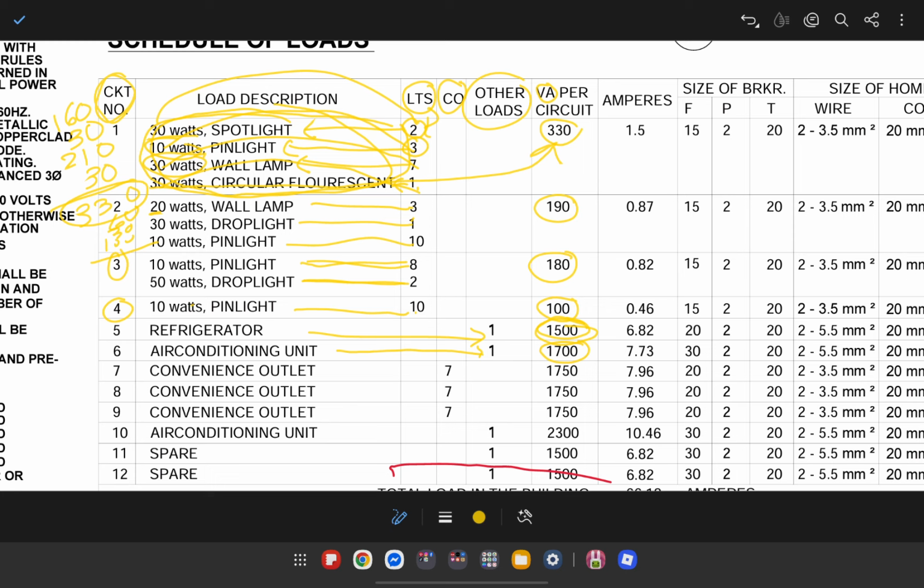Now, the air conditioning unit will depend on the size of the aircon.